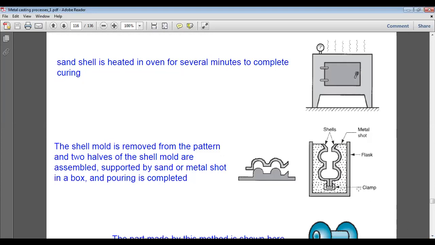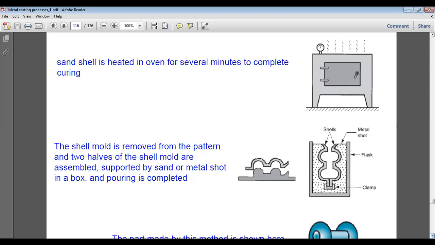At the same time, it has one more disadvantage: since it is not solidified, it is not as rigid as other molds. So this has a little less stiffness or strength as compared to the other solidified molds.